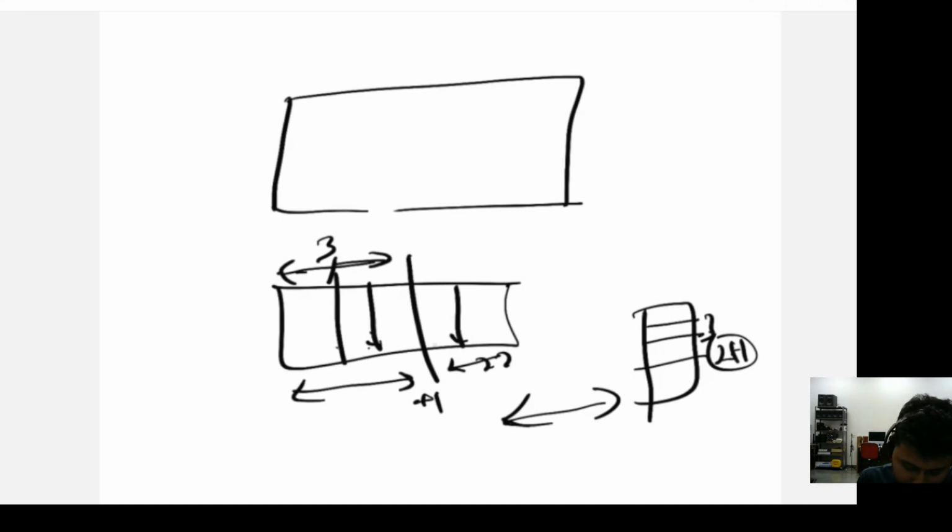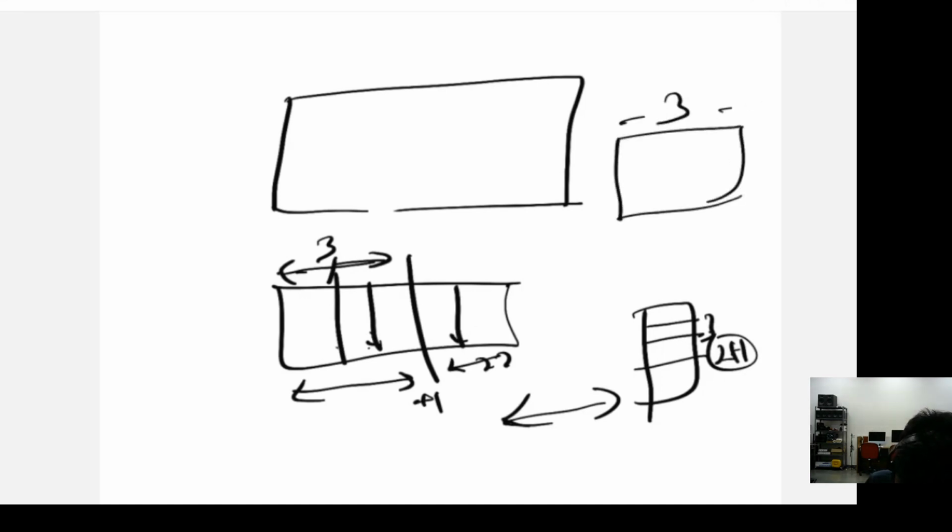So once you are able to calculate the maximum horizontal area and the maximum vertical area, then you can calculate the maximum area of a square that you can make by removing these lines. Suppose the horizontal area you can create is 3 and the vertical area is 2.